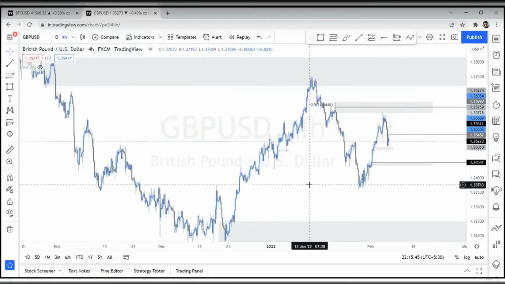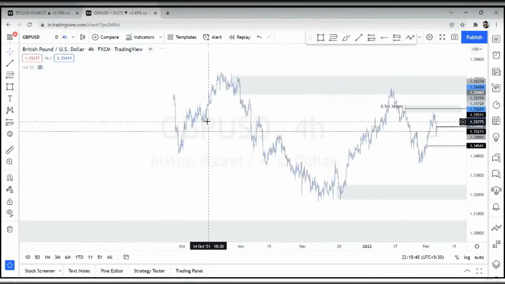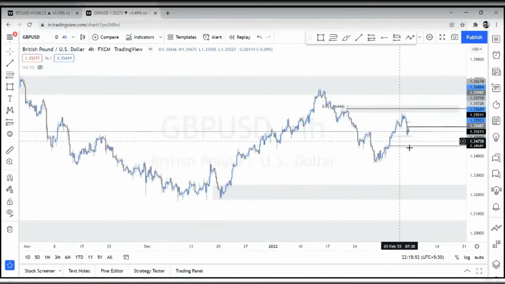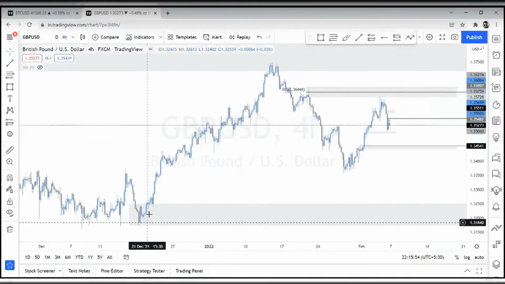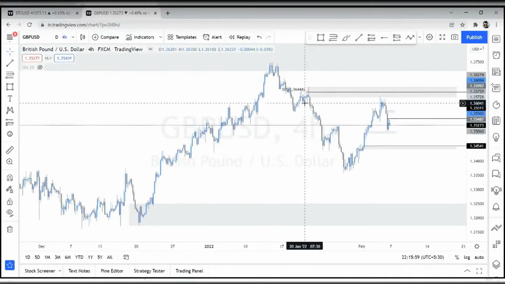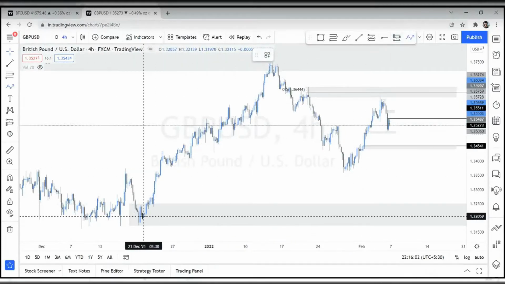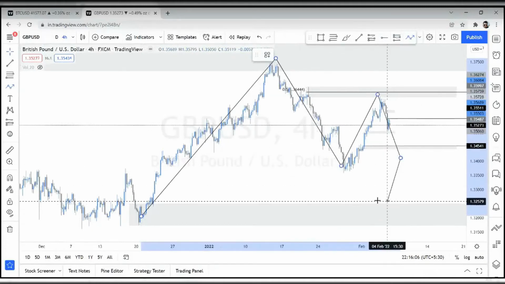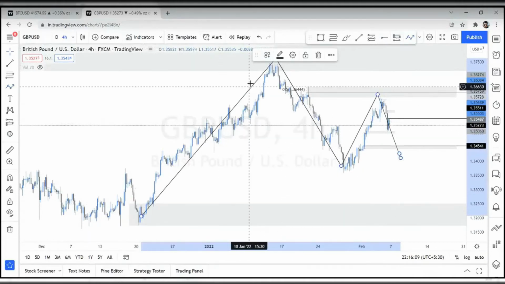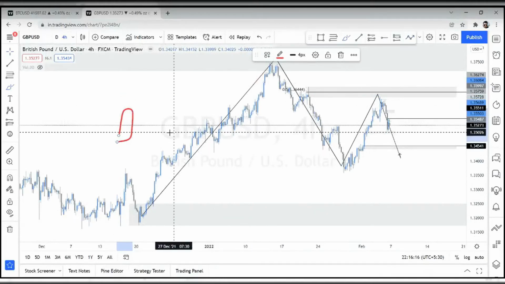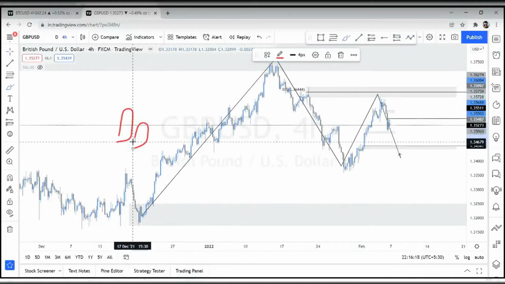On the previous webinar, I touched a little bit on structures. Just look at this. What do you have in this structure? This structure is like this. View it as a higher time frame. That means there will be a candle like this move, and then there will be a candle like this on a higher time frame.